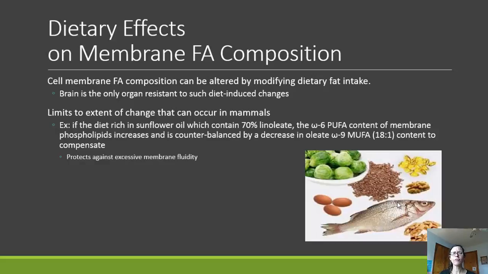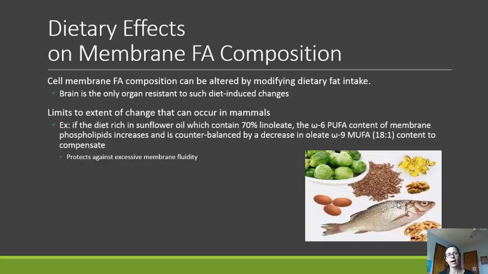However, in mammals, there are really limits to how much influence we can have on our cell membranes. So our bodies only allow us to incorporate a certain quantity of unsaturated fatty acids from our diet.